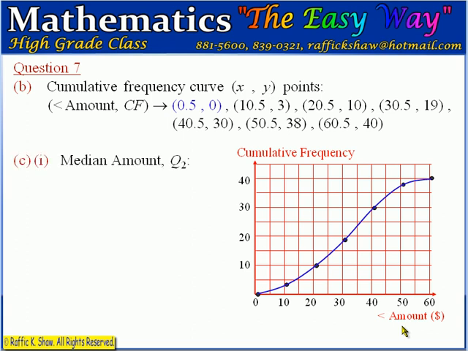Now part C wants us firstly to calculate the median amount spent. The median amount spent is represented by Q2, because the median corresponds to the second quartile, Q2. The median amount spent is the amount spent by the student in the middle of the distribution if you were to arrange the students from smallest to highest in terms of the amount spent.